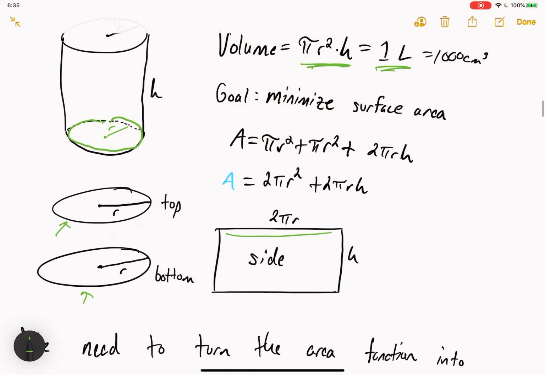So that will be 2 pi r, and the height is h, so we just get pi r squared plus 2 pi rh. So that's how we get this. We add them together and we get the area. The surface area of a cylinder is equal to 2 pi r squared plus 2 pi rh.